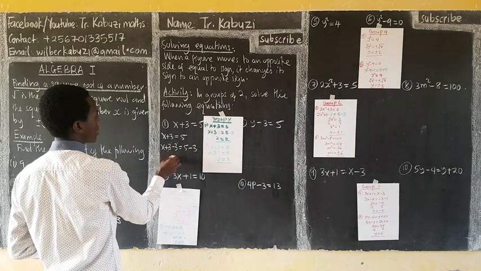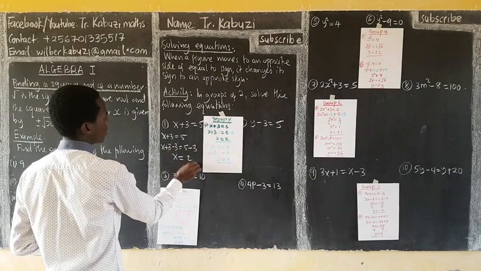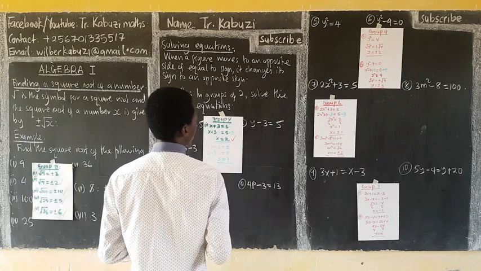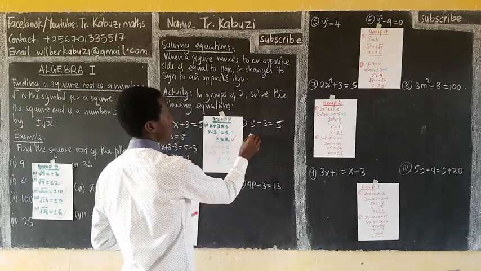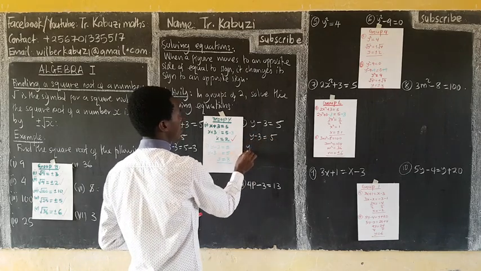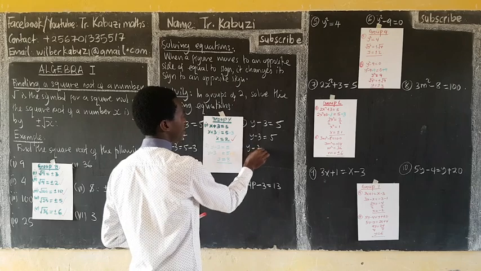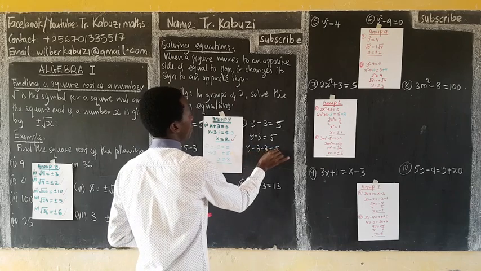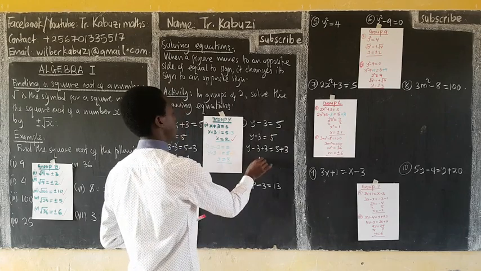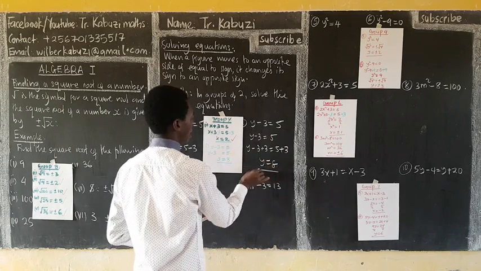So these two cancel, and we have x equaling 2. This is very okay. Then here they had y minus 3 equaling 5. They added 3 both sides, because it's minus, it becomes plus 3. So their y is 8.